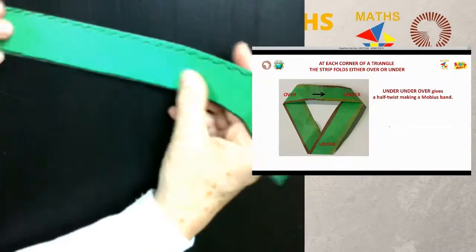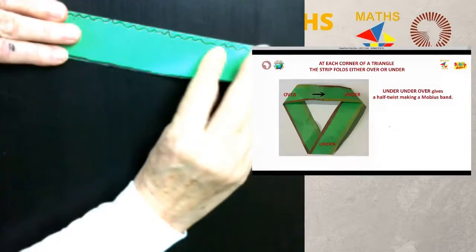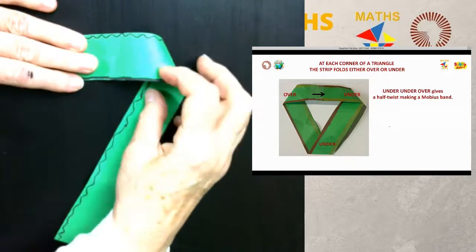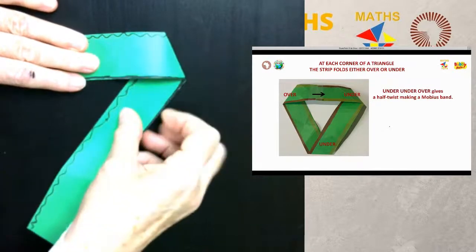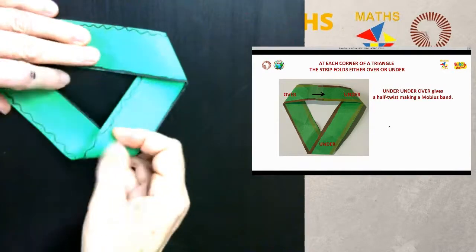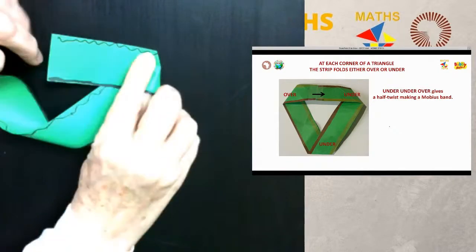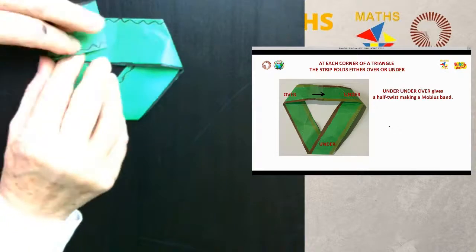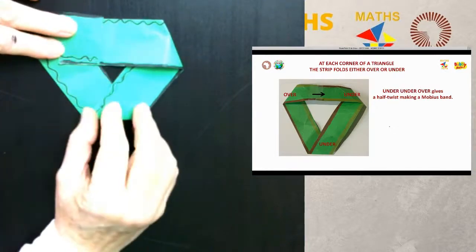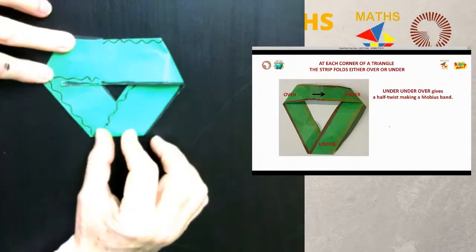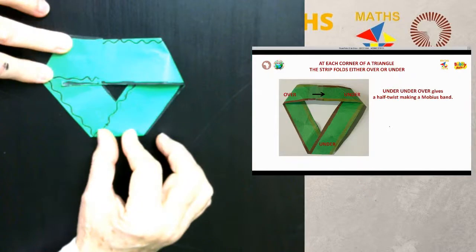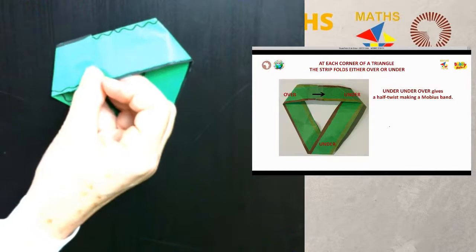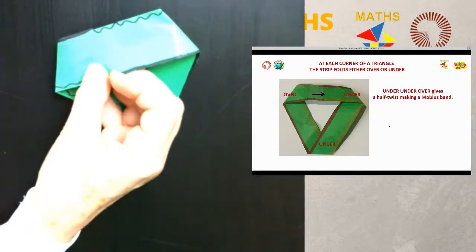With my strip, I'm going to start by going under, and then under again, and then under again, and then over, and then over. And then if you join it there, just hold it. You don't need the tape really if you just hold it, but you can put some tape on.